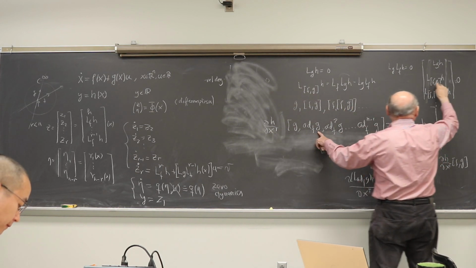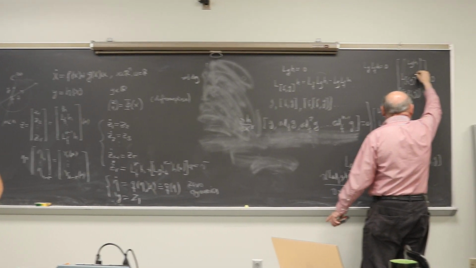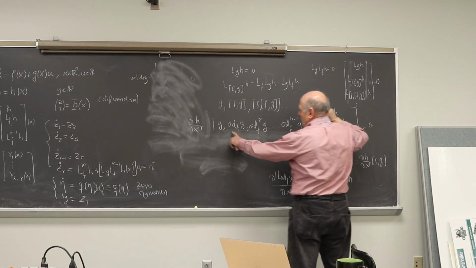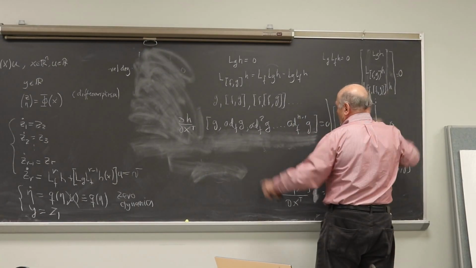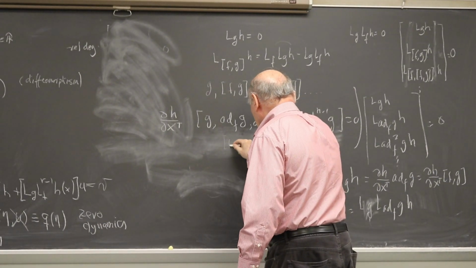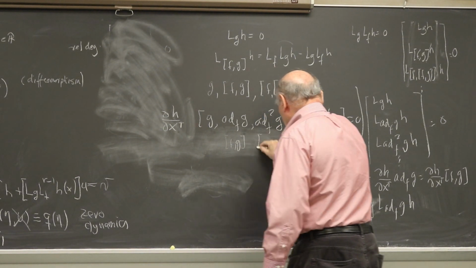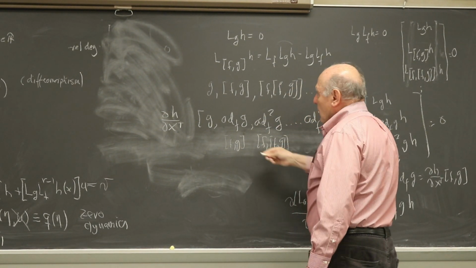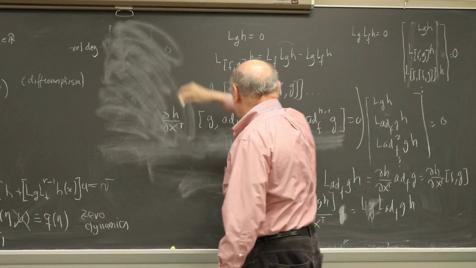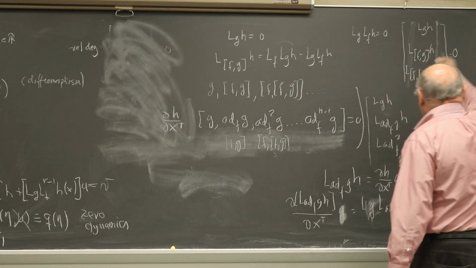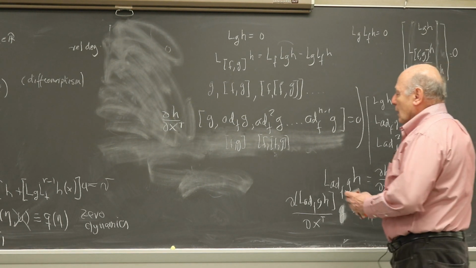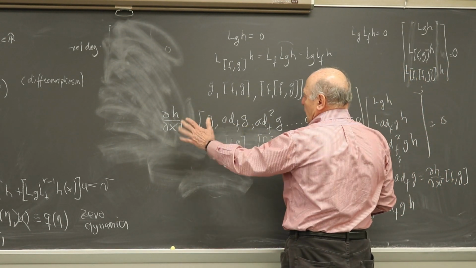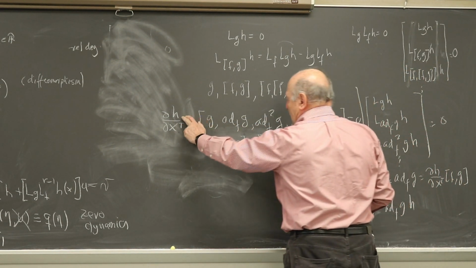This one is simply saying that the partial derivative of h along ad_f g, which is this, is 0. So recall that this is just ad_f g, this is the Lie bracket of f and g. So everything that I am imposing on this set of conditions that I erased here, that can be summarized here, leads me to a linear set of partial differential equations for h.